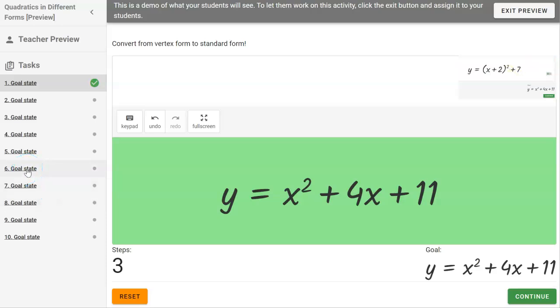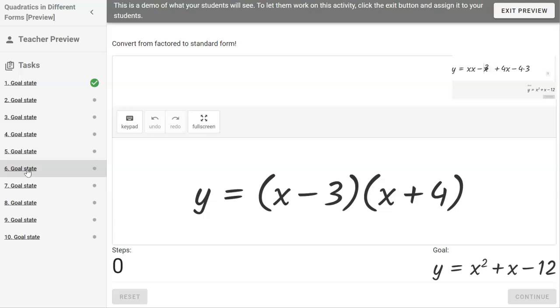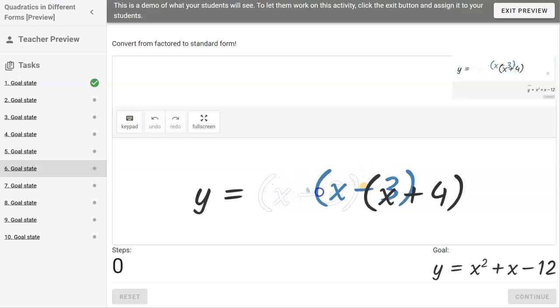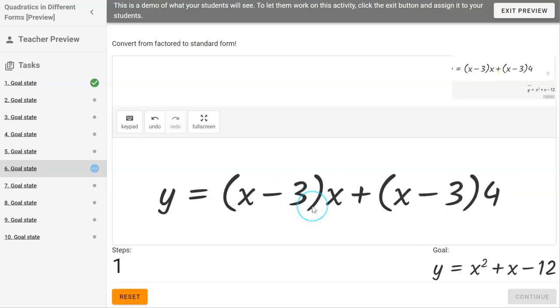Let's take a look at goal state 6, because this is when you get into the other type. Now we're multiplying 2 binomials. Well, in graspable math, to multiply 2 binomials, you're basically using the distributive property twice. So if you take this and drag it over, and if you see up there at the top, this is exactly what that's doing. You're distributing the x plus 3 through the other binomial.